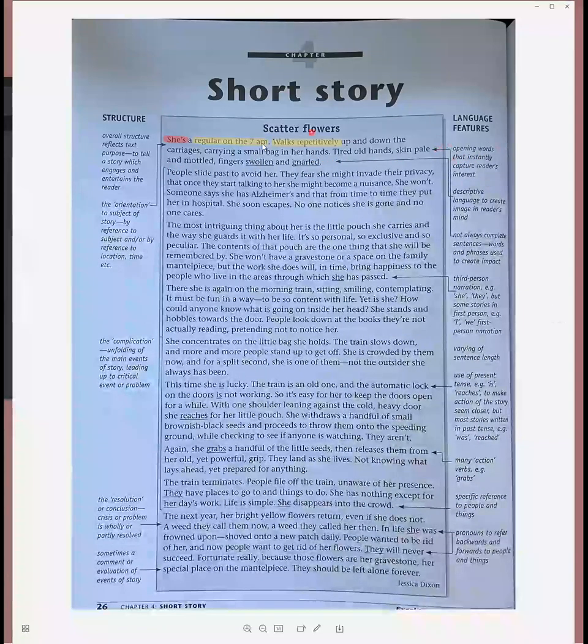Now, some of the language features, like we talked about, are opening words that instantly capture the reader's interest, very descriptive language. For example, tired, pale and mottled, swollen and gnarled. And not always complete sentences.